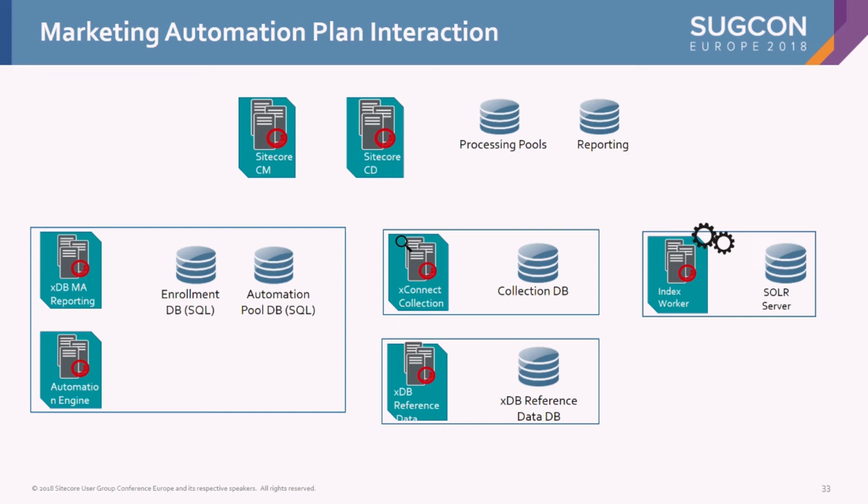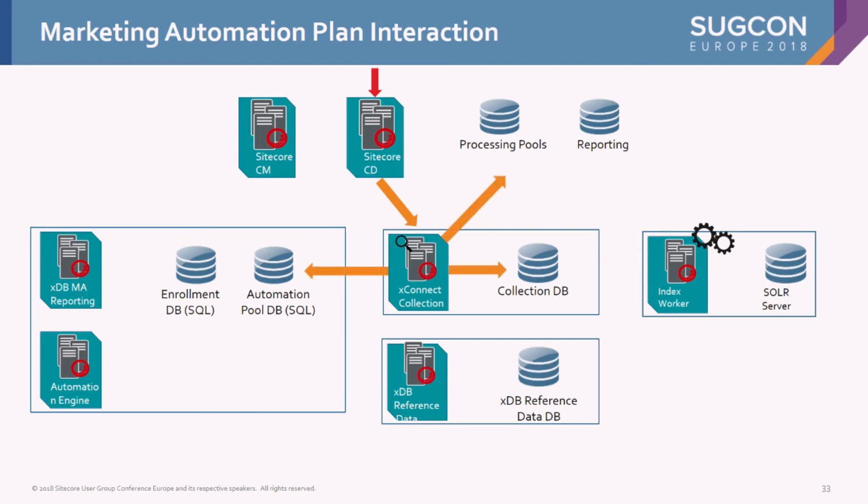And what happens if a new engagement with your plan is happening, an interaction, or a new contact or existing one is being updated? XConnect has what we call an XGP contact event watcher, which is going to continuously listen for any of these activities. Once any of these activities is triggered, it's going to call the collection service to store the information of the contact in the collection database.